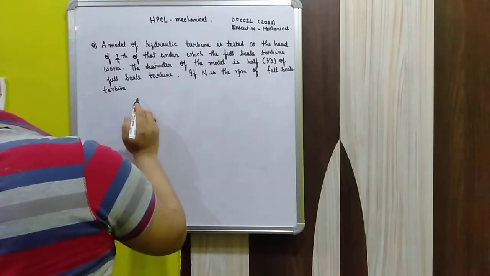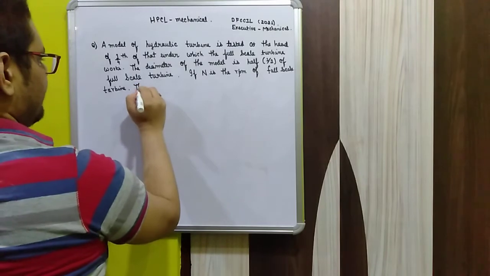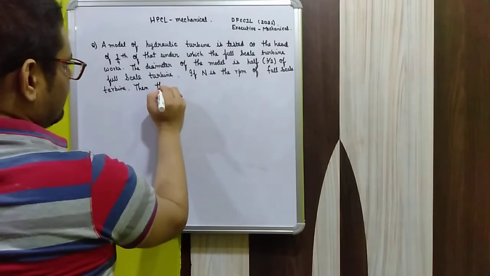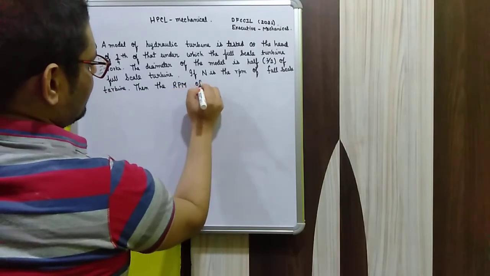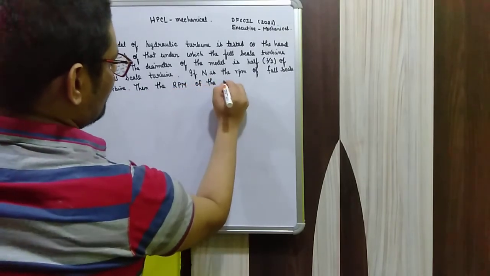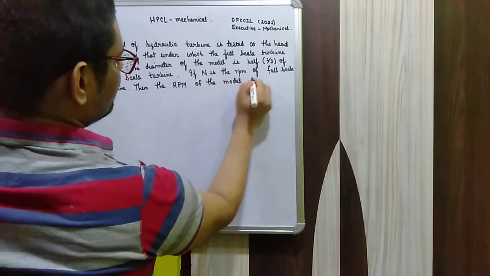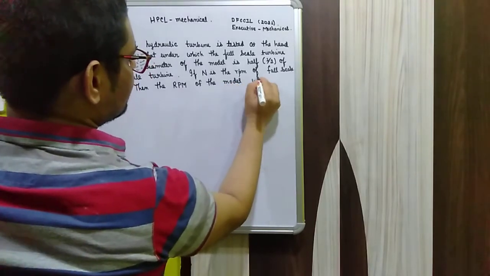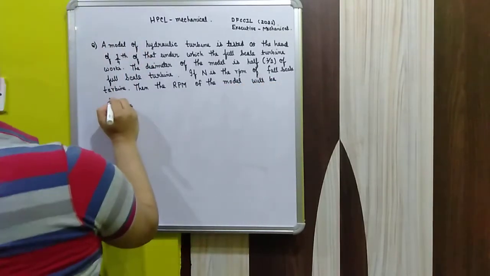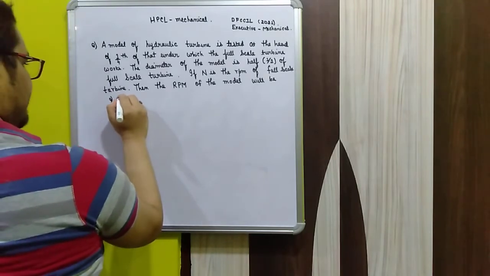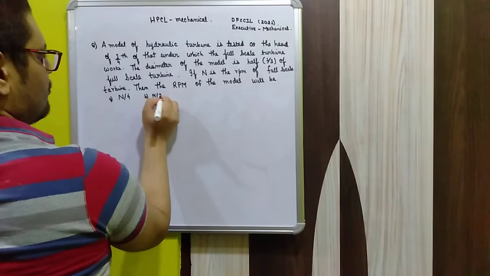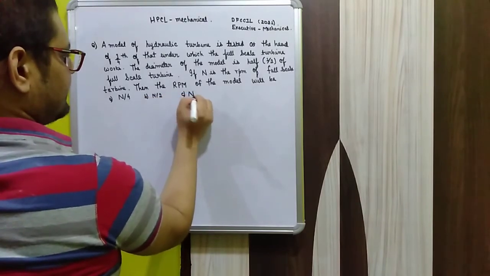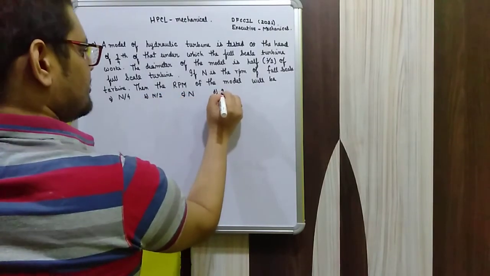Then the RPM of the model will be, and there are 4 options given. Option A is N/4, option B is N/2, option C is N, that is speed, option D is 2N.